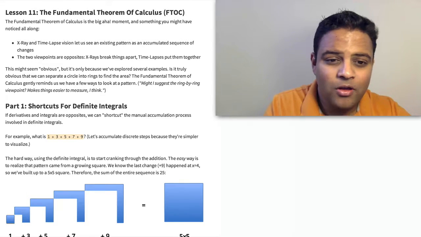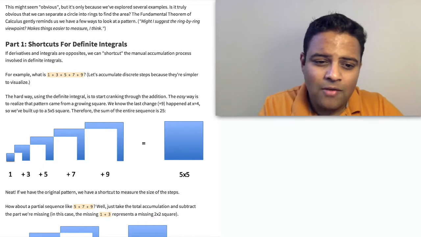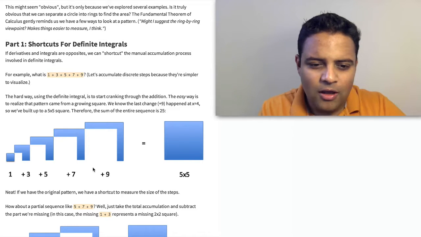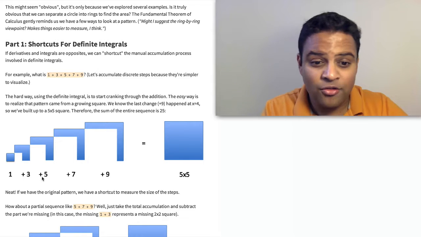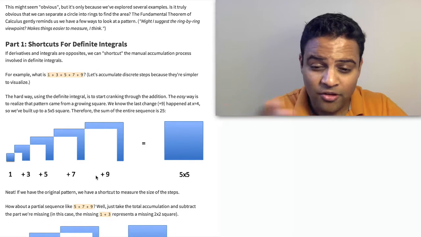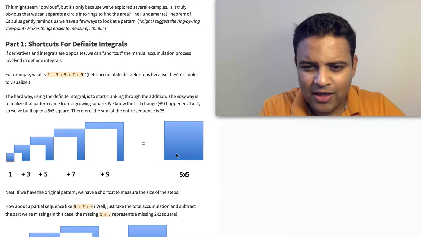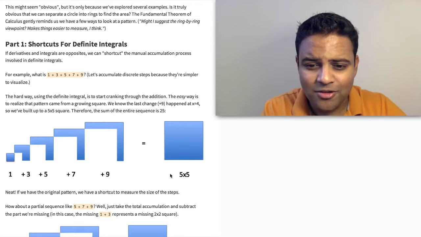Let's take a look. The first part of the fundamental theorem of calculus is essentially that instead of having to add up things manually, you can use the endpoint. So if someone gives you a series of steps to glue together, like 1 plus 3 plus 5 plus 7 plus 9, if you realize that those steps actually came from some pattern that you already know about, like a square, you can just shortcut the whole addition and jump right to the square.